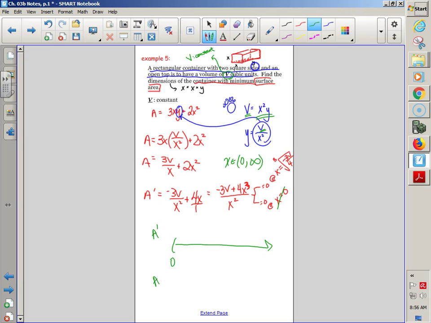We're going to test our A prime and our A. Throw in our cubed root of negative 3v all over 4. Let's assume that 1 is lower than that, because if somebody wants some product of a volume less than 1, that would be kind of awkward.